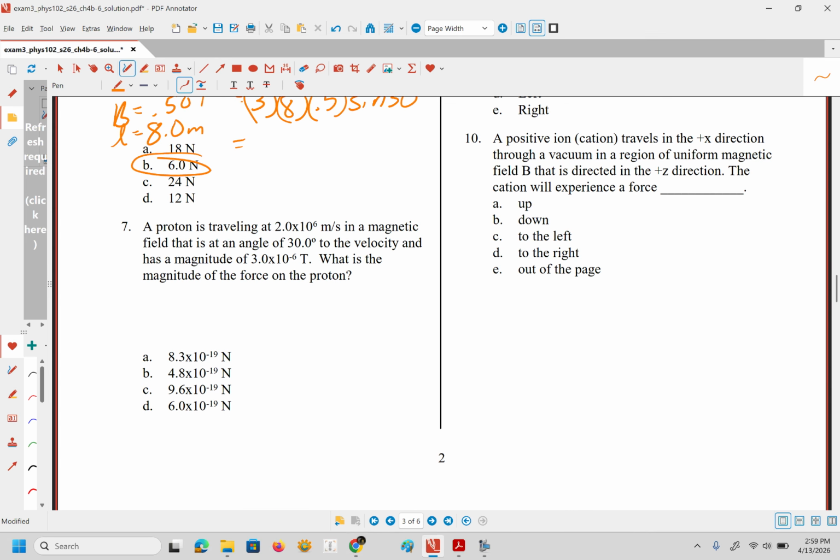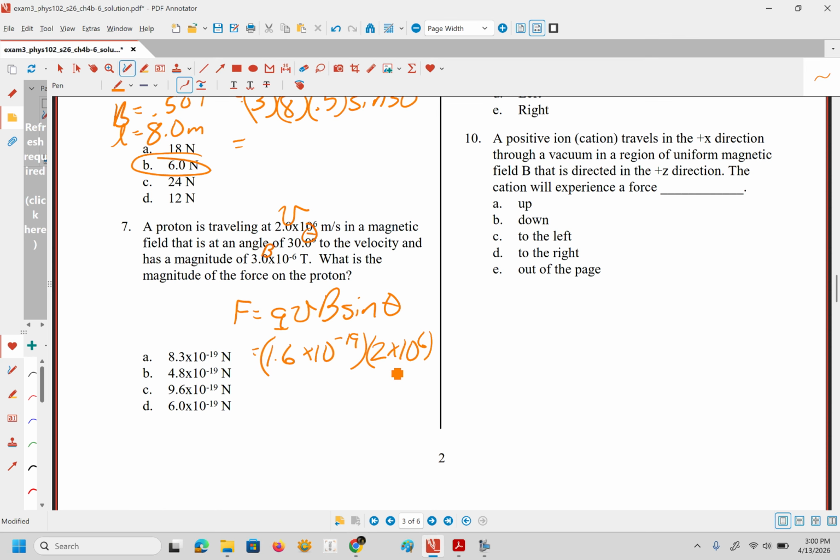And then I have a proton that has this velocity. That's my velocity. That's my angle. That's my magnetic field. And I want to know the force on this proton. Remember, force is QVB sine theta. Q is 1.6 times 10 to the minus 19. That is on your equation sheet. That's in coulombs. It's the fundamental unit of charge. And then V is 2 times 10 to the 6.